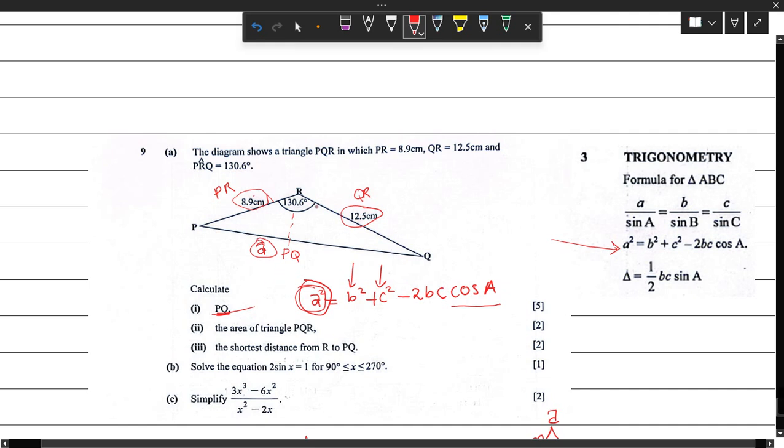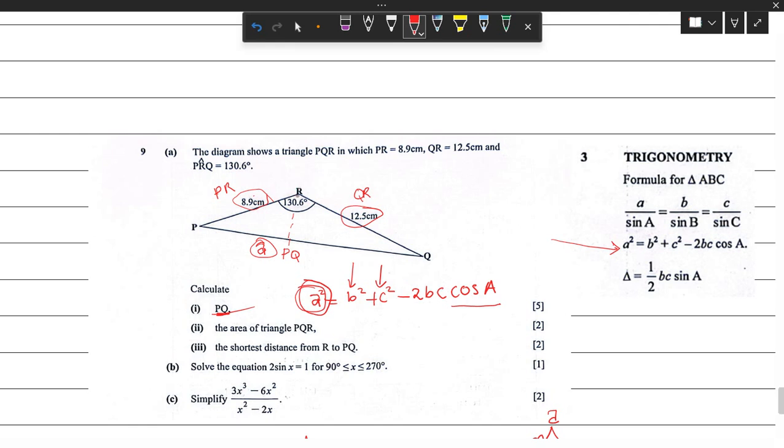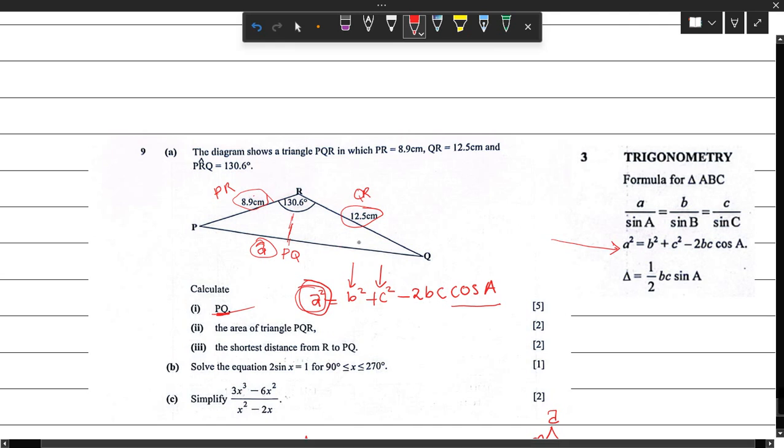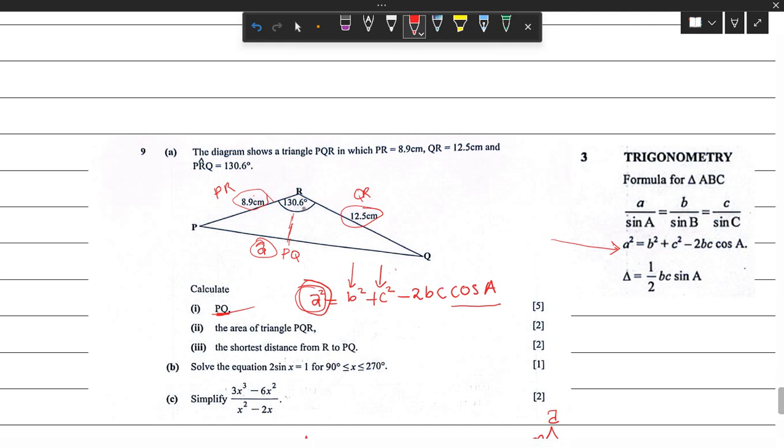If you look from R, the angle is directly opposite to the distance which you are finding. So that's how you identify B and C, the distances which have been provided. Angle A is the angle separating B and C, and A is the distance which you have to find.